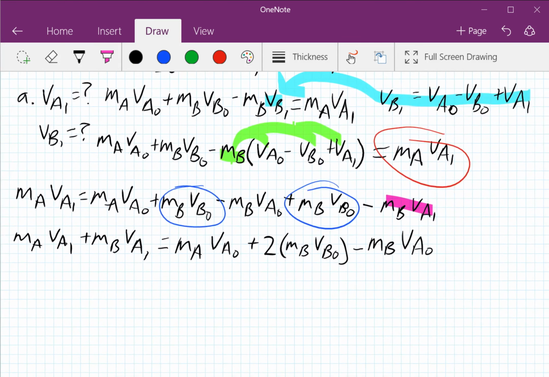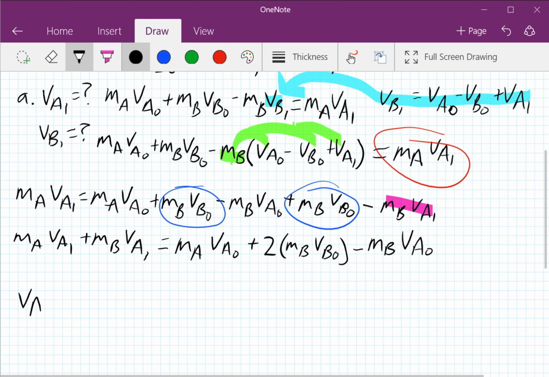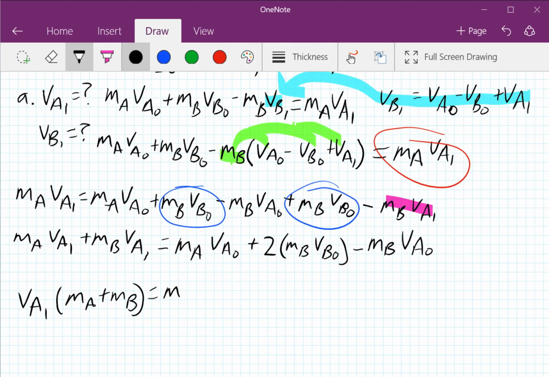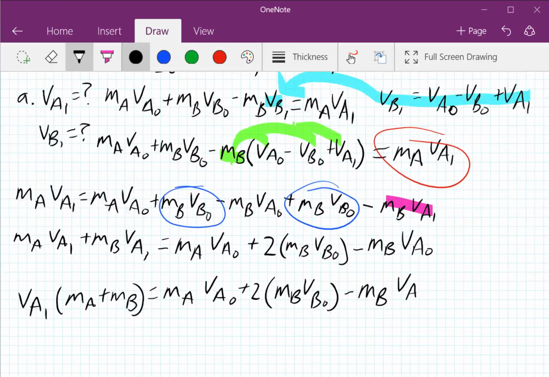Okay, now we can rewrite this left side as VA final times MA plus MB equals MA VA initial plus 2 times MB VB initial minus MB VA initial.